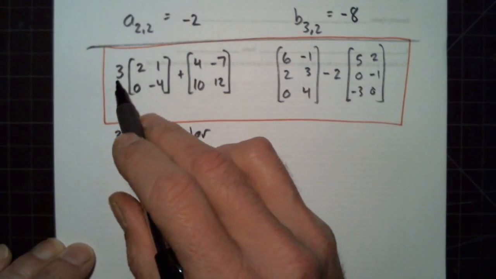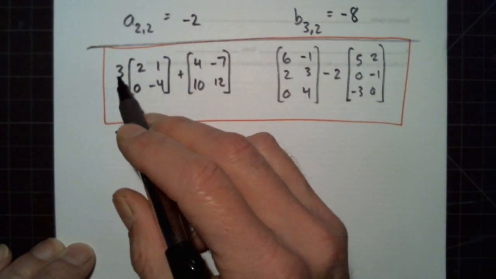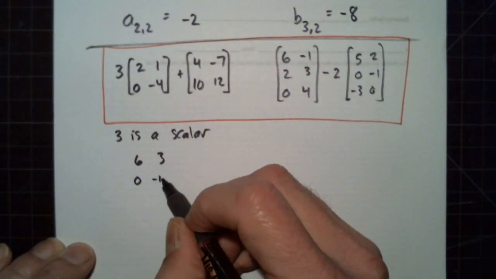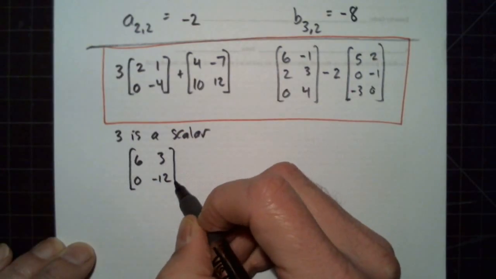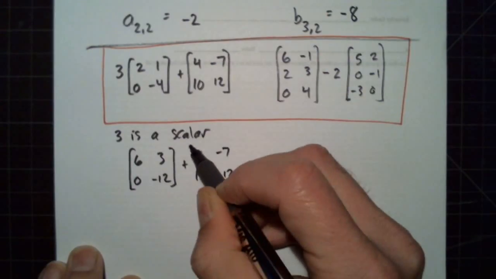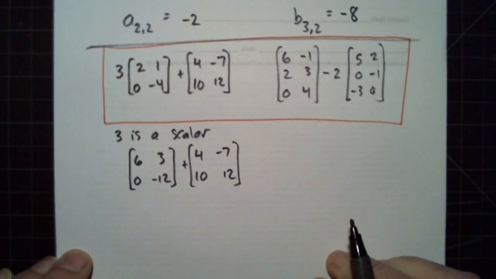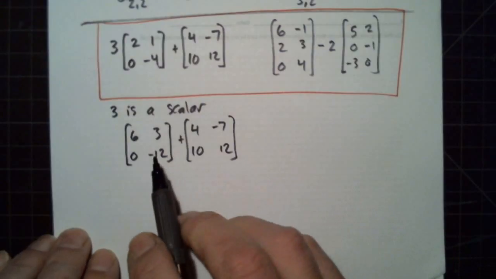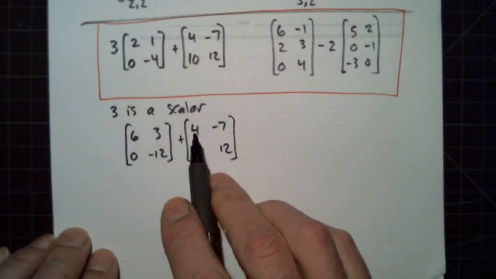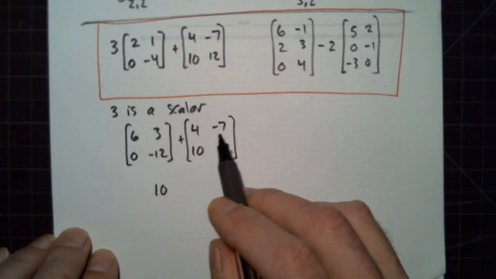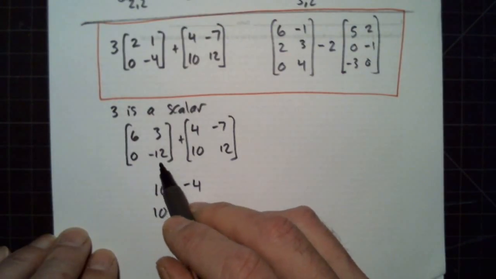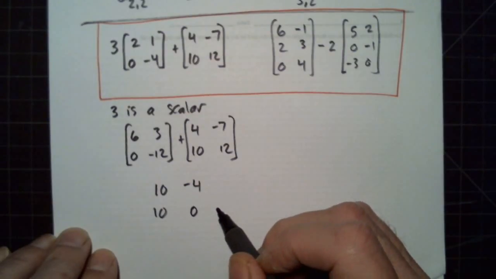So we'll go 3 times 2, 3 times 1, 3 times 0, 3 times negative 4. And then we can just add the corresponding elements. 6 plus 4, 3 minus 7, 0 plus 10, negative 12 plus 12.